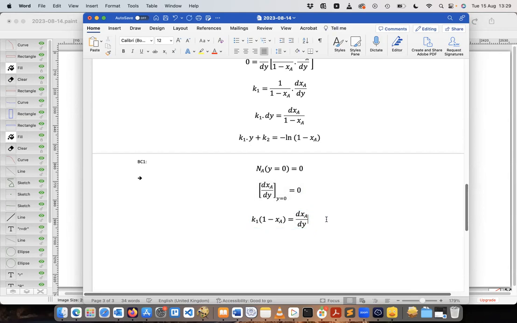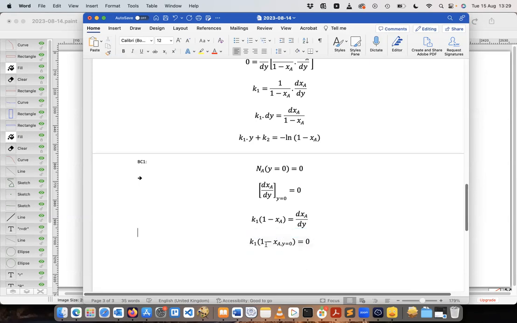So we can express that here as K1 times 1 minus xa at y equals 0. So the mole fraction right at the base, that's equal to 0 here.